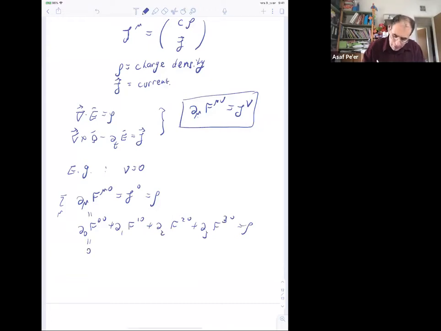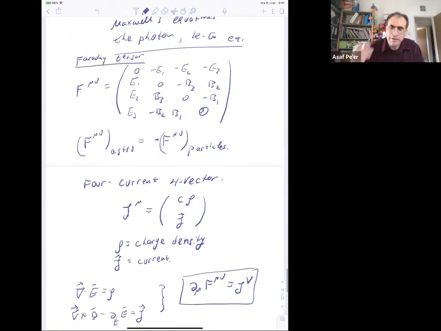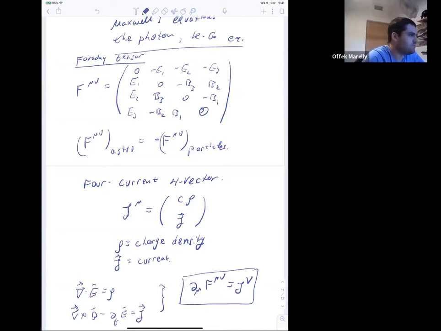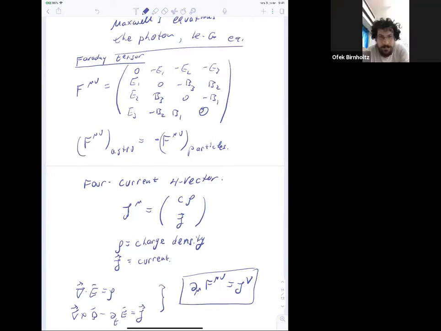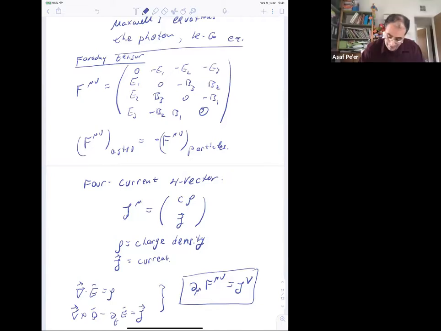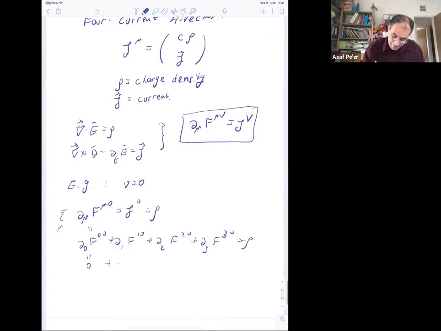Now this first term is just 0. What is ∂1 F^10? Give me another name for it. F^10 is E1, and ∂1 is ∂x, so this is just ∂x Ex.